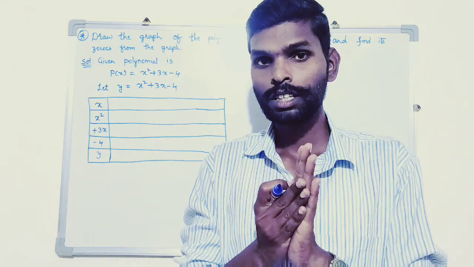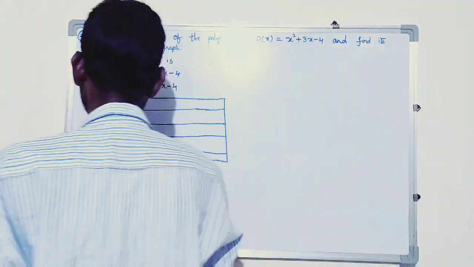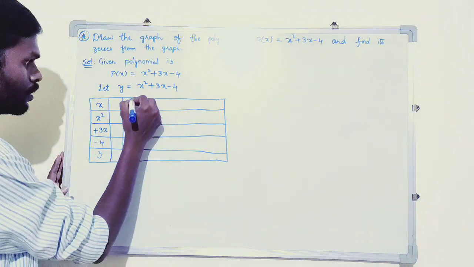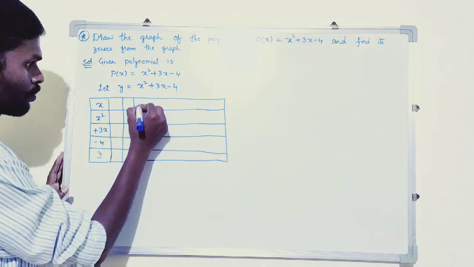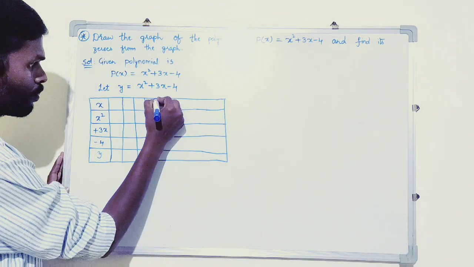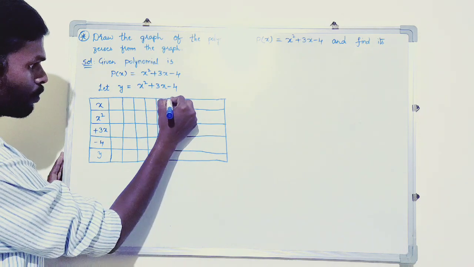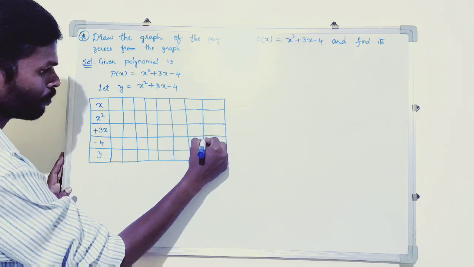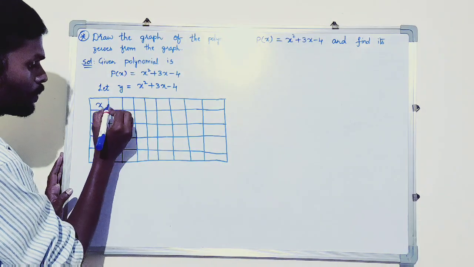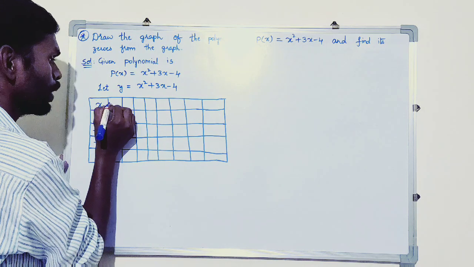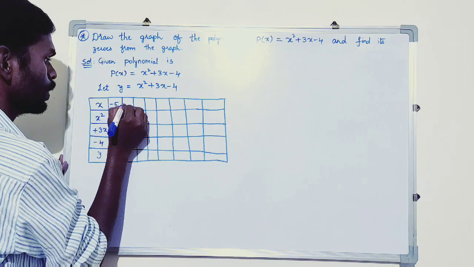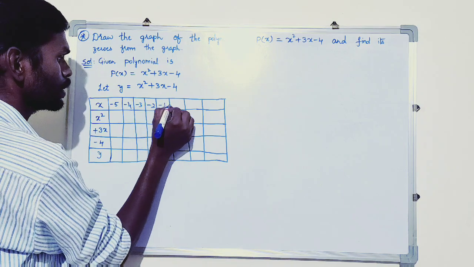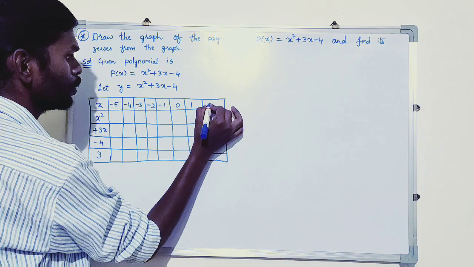So you need to consider more negative numbers. So I am starting from minus 4, which is one of the zeros, and I am taking minus 5 also. Minus 5, minus 4, minus 3, minus 2, minus 1, 0, 1, 2.